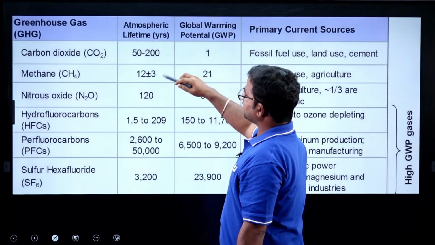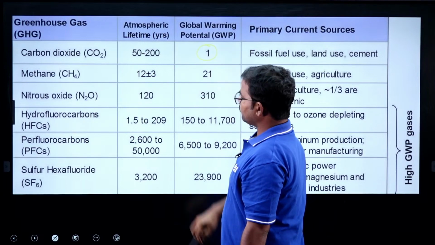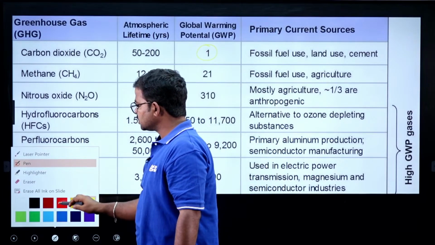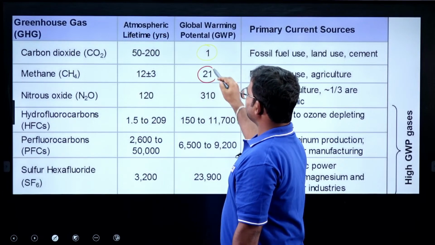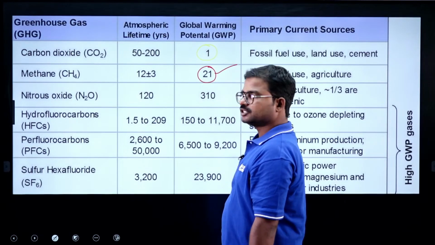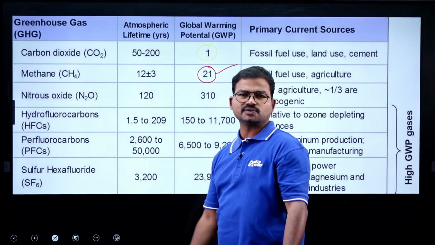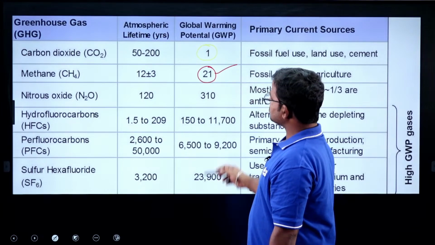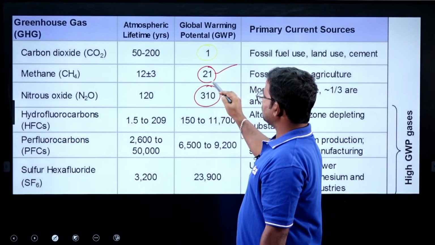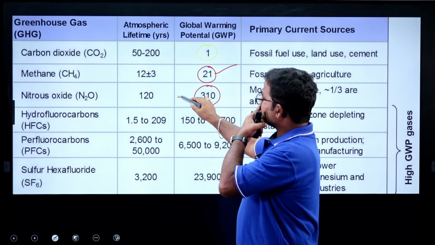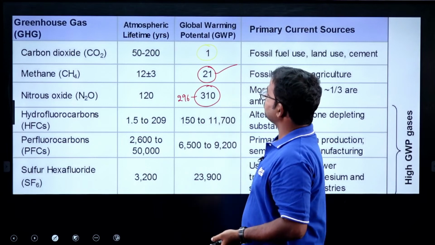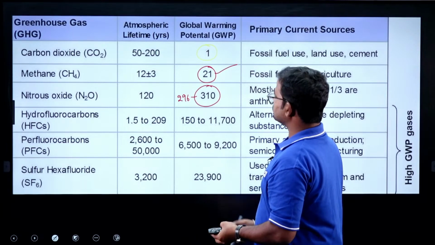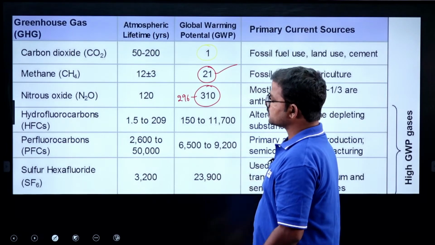For example, carbon dioxide's global warming potential value is 1 unit. Next, if you consider methane, for 100 years it raises the planet temperature around 21 to 23 times. Next, nitrous oxide, around 290 to 310. It depends upon the number of years also.